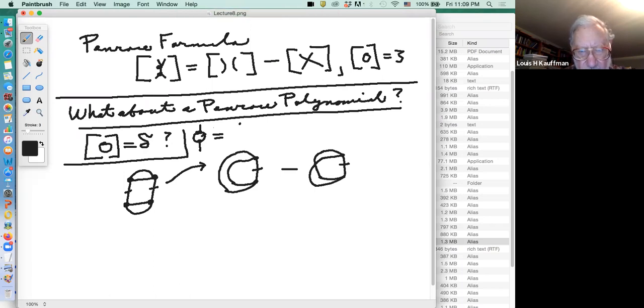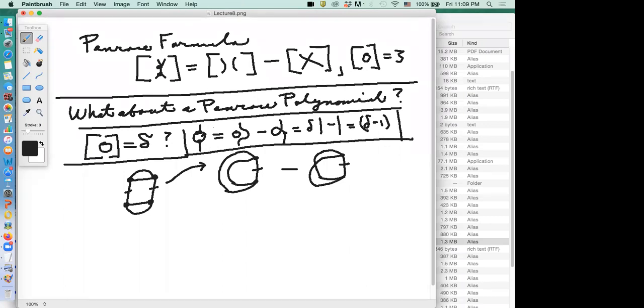So this will be equal to this minus the crossover one. And that's going to be equal to delta times this minus this, which is delta minus 1 times this. In the case of 3, it would be 2. In the case of delta, it would be delta minus 1.